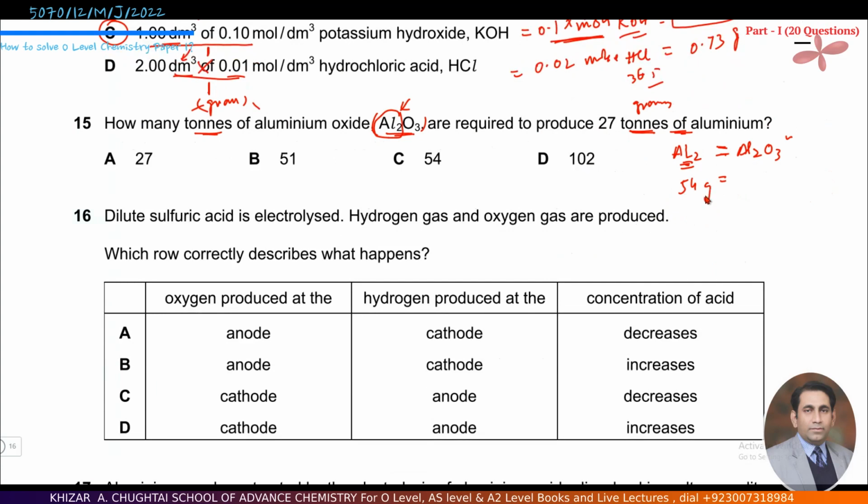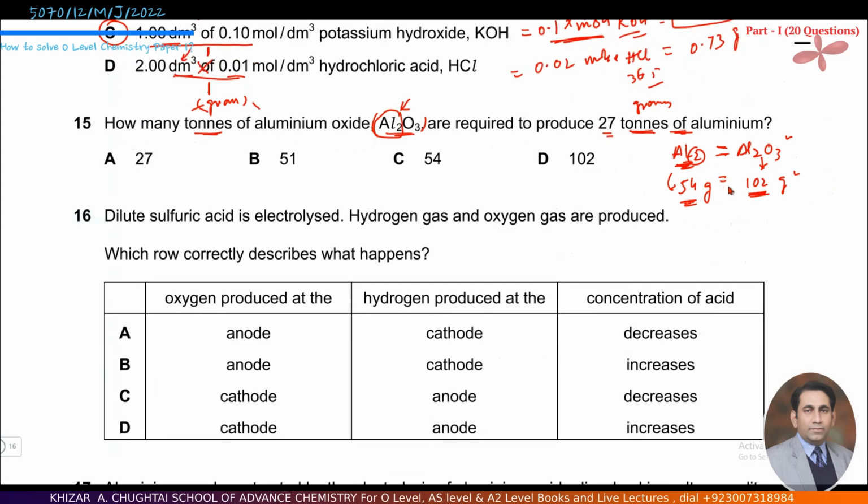So 54 gram of aluminium corresponds to 102 gram. The Mr of Al2O3 is 102, and the Ar of 2 aluminium is 54. So according to this formula, 54 gram of aluminium can be obtained from 102 gram of Al2O3.